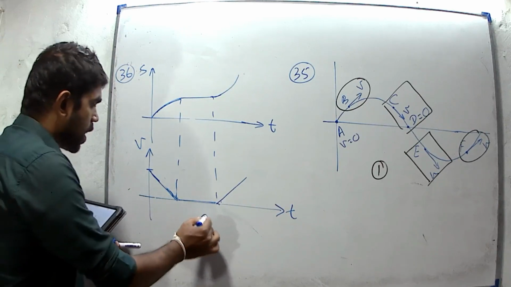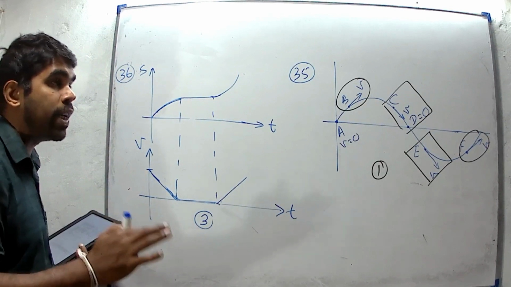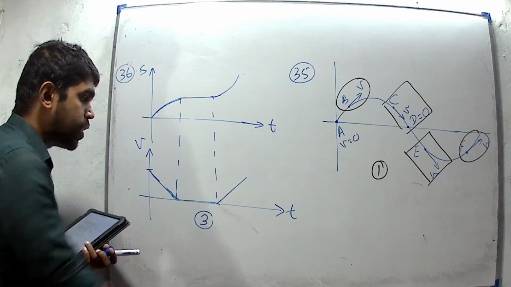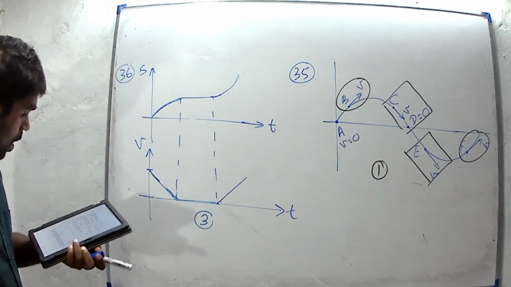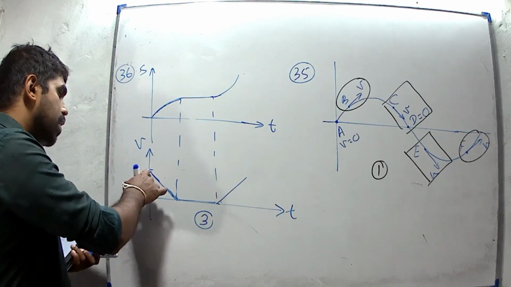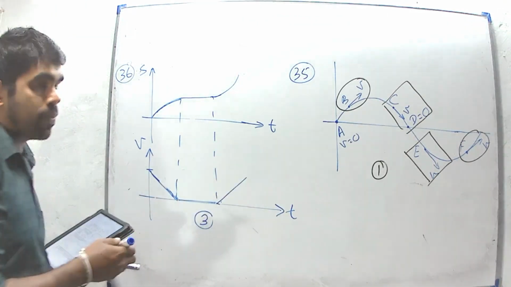Then the third one is the correct answer for question number 36. If the object were moving in the opposite direction, we would have to draw the velocity time graph like this. But it is moving in the same direction. Therefore, velocity at this part and this part should be positive.